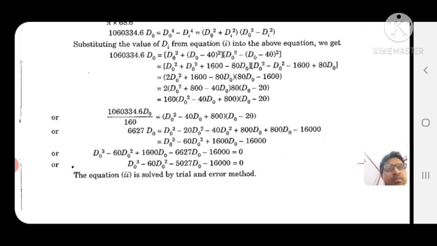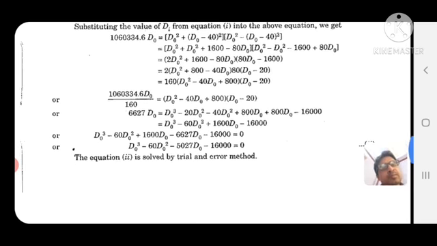So that is equal to 10,60334.6 d0 by 160. So that is equal to d0 square minus 40 d0 plus 800 d0 minus 20.